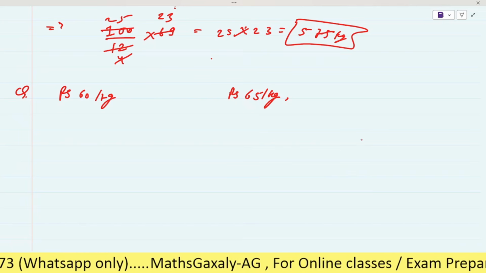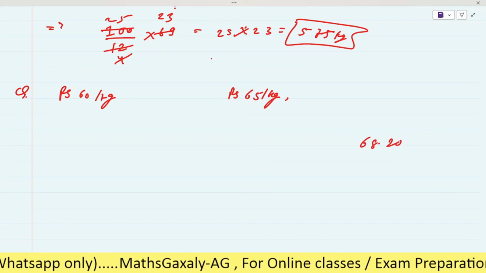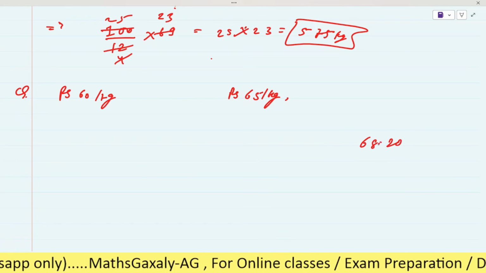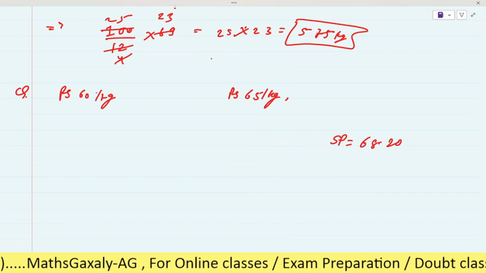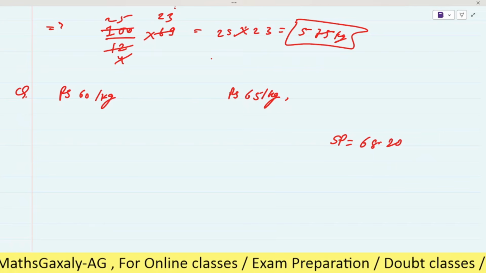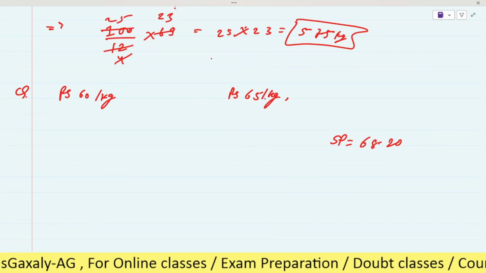So this 68.20 per kg is the selling price, and here 60 per kg and 65 per kg is the cost price.